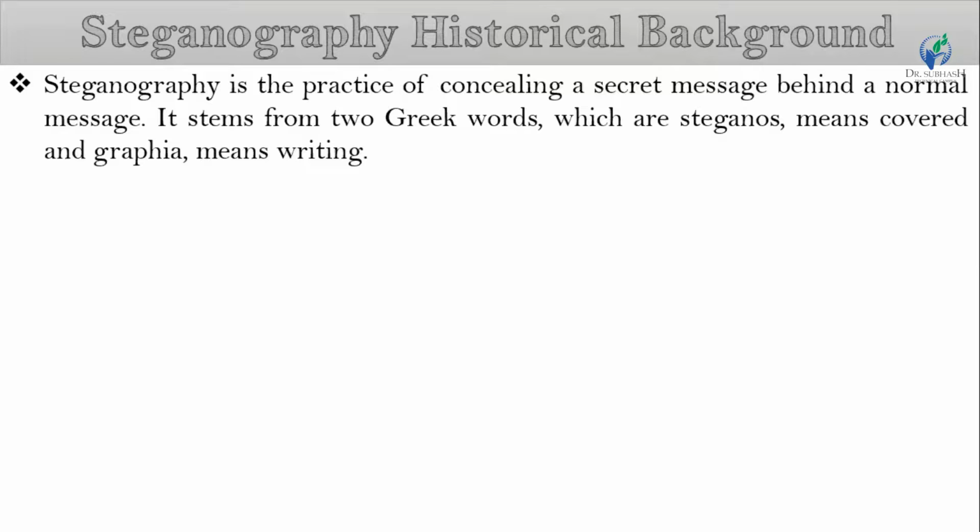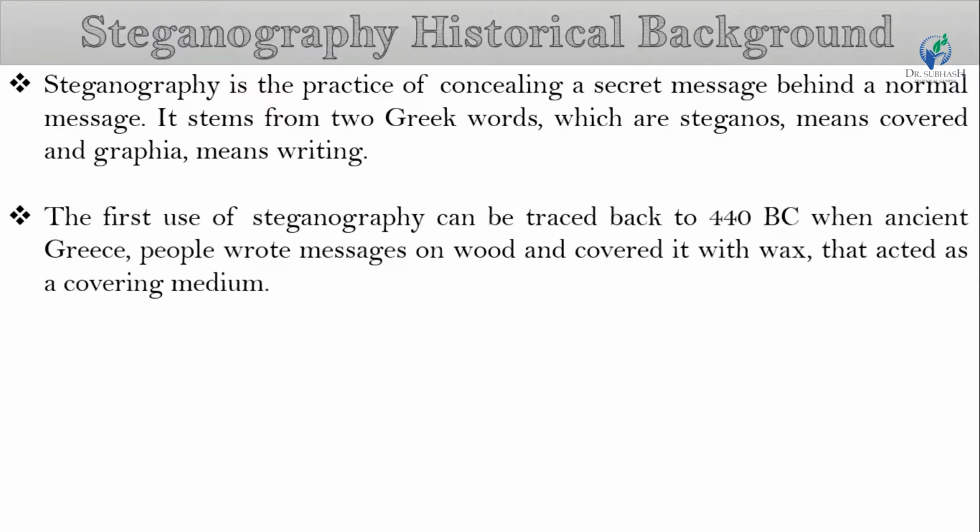Steganography is an ancient practice, used in various forms for thousands of years to keep communication private. For example, the first use of steganography can be traced back to 440 BC when ancient Greeks wrote messages on wood and covered it with wax that acted as a covering medium.